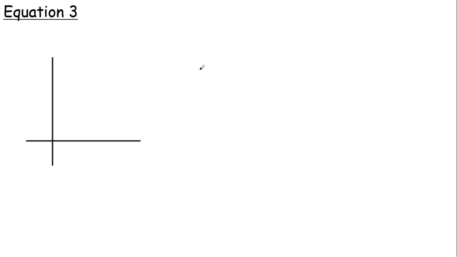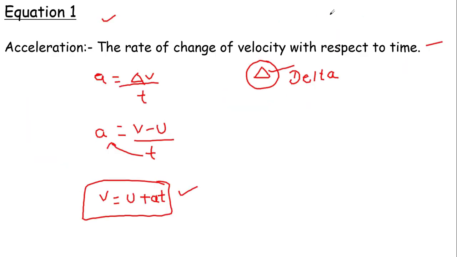Here this formula is v square minus u square is equals to 2as. Here we don't need many formulas. We just take this equation v is equals to u plus at, we take t is equals to v minus u by a.